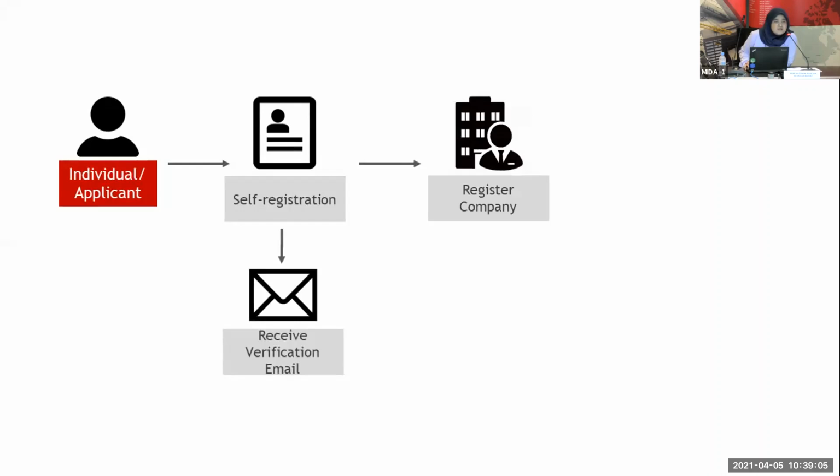Once they receive the verification email, they can register a company. The prerequisite for you to apply for any application to MIDA, for example the raw material and component application, is that you have to register a company. You must have a company because you are applying as a company. So for a new user, you have to register a new company.